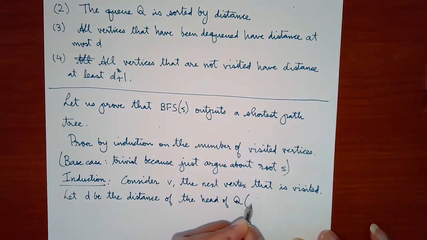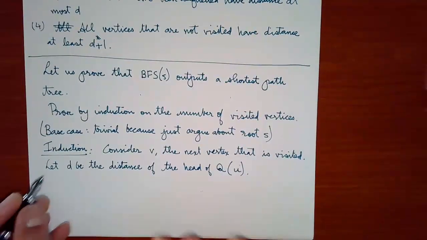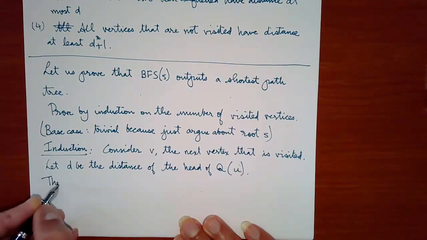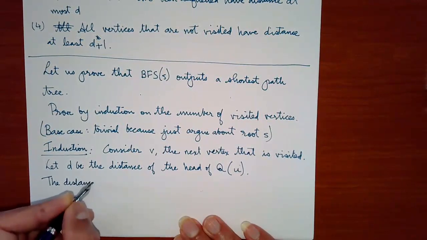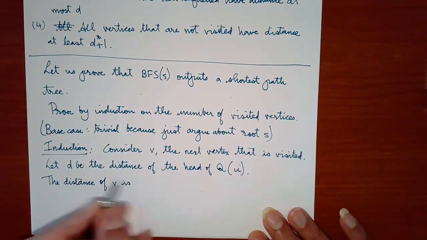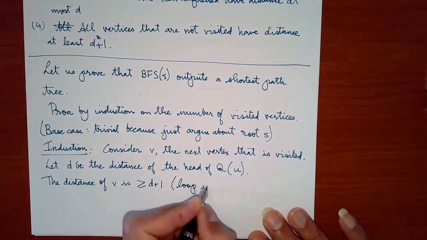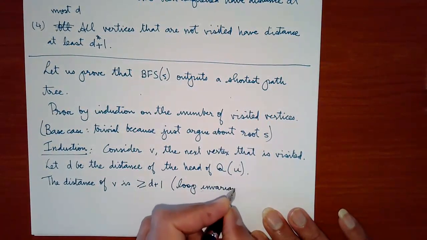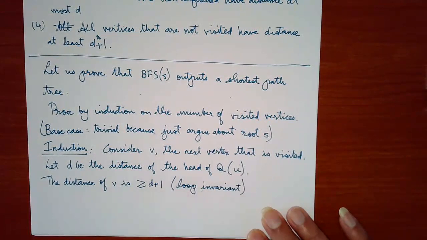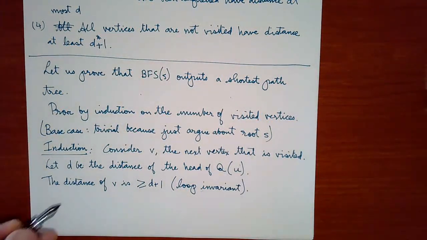Let me refer to the head of the queue as U. And D is the distance of the head of the queue, just as we had in this lemma. So we know that the distance of V is at least D plus 1. This is from the loop invariant. Right? We know that it's at least D plus 1, and this is critical.